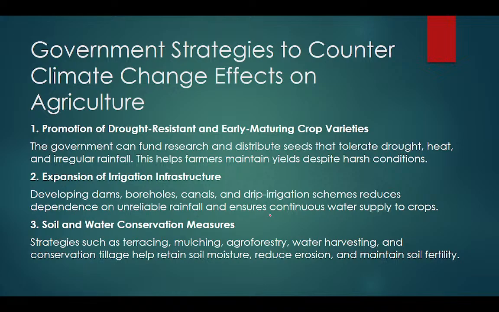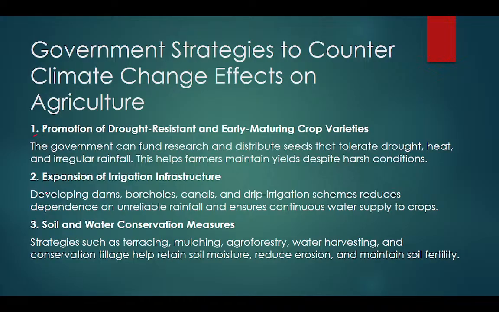So you say the government can fund research and distribute seeds that tolerate drought, heat, and regular rainfall. This helps farmers maintain yields despite harsh conditions. And we know the existence of KEFI. There are several such bodies that have dedicated their time in delivering this first item.